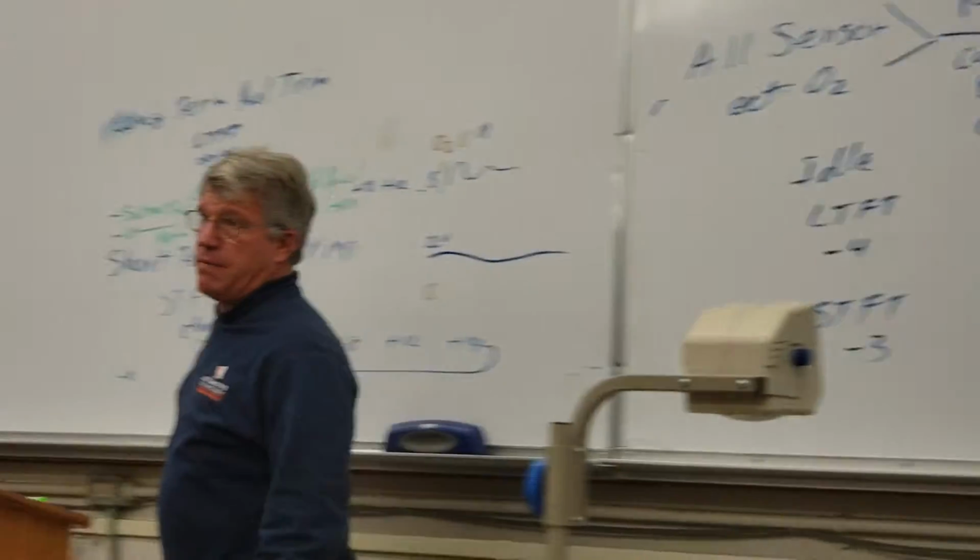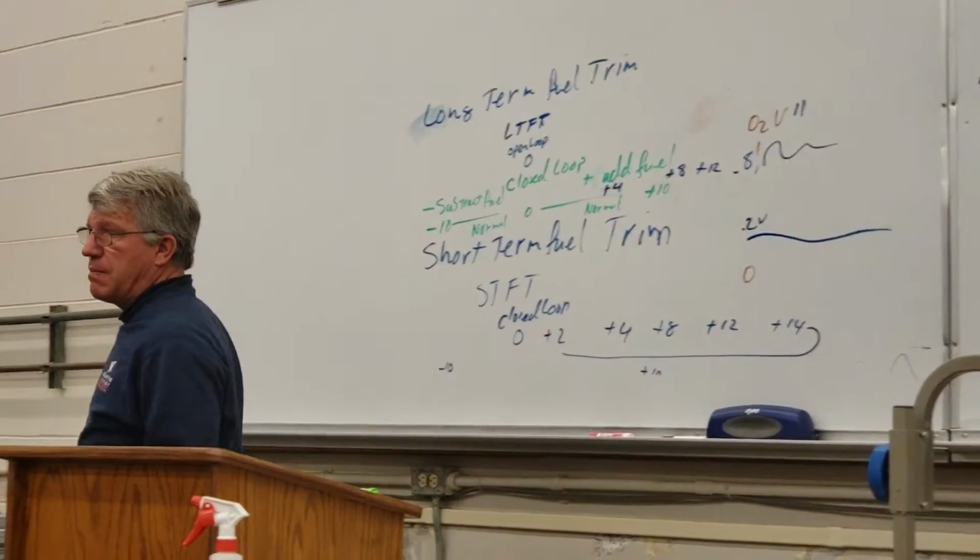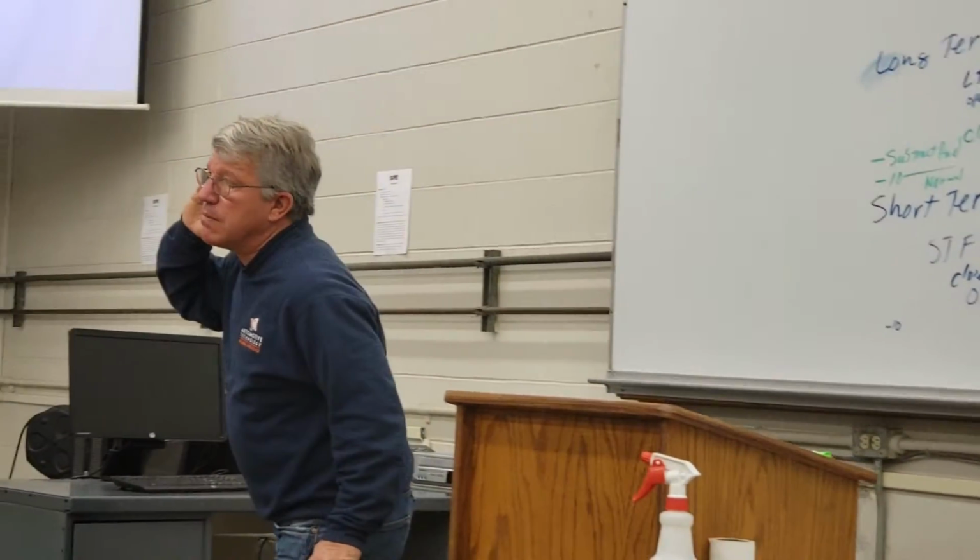What does that mean? Not getting enough fuel. What are two main causes of not enough fuel? Low pressure from a fuel pump, or maybe low fuel pressure from a restricted fuel filter.